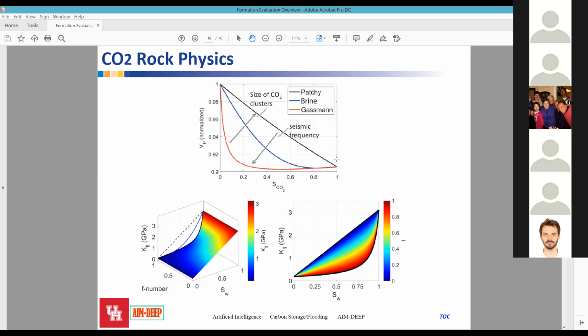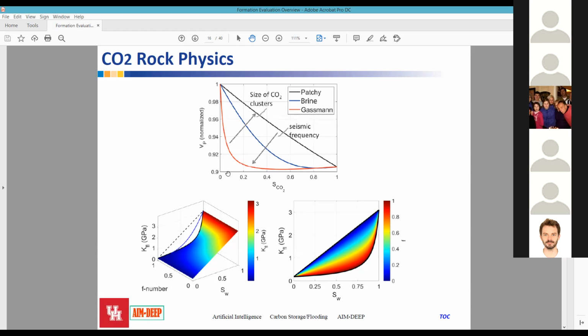And this is not unique. The main culprit here is the distribution of the CO2. Depending on the CO2 distribution, if it is uniform, we can do the modeling using the well-known Gassmann equation in red. And if we have more patchy CO2 saturation behavior, we can use the patchy line, which is the black line here.